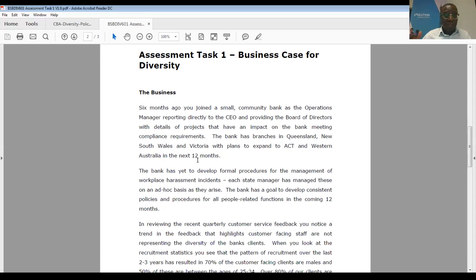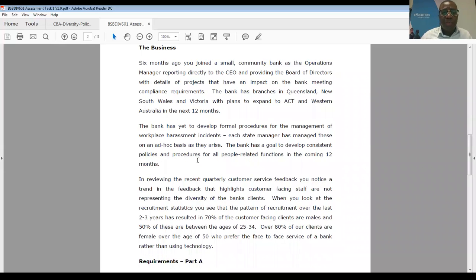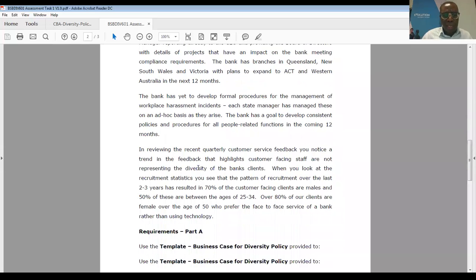The bank has branches in Queensland, New South Wales and Victoria, and plans to extend to ACT and Western Australia. The bank has yet to develop formal procedures for the management of workplace harassment incidents. Each state manager has managed these on an ad hoc basis as they arise. The bank has a goal to develop consistent policies and procedures for all people-related functions in the coming 12 months.